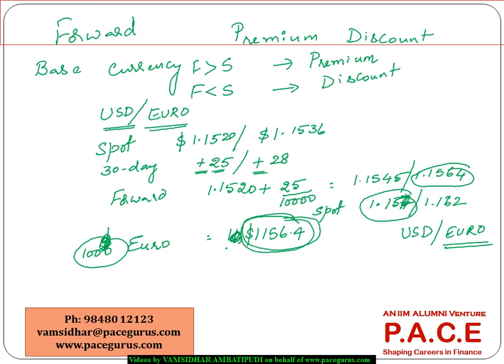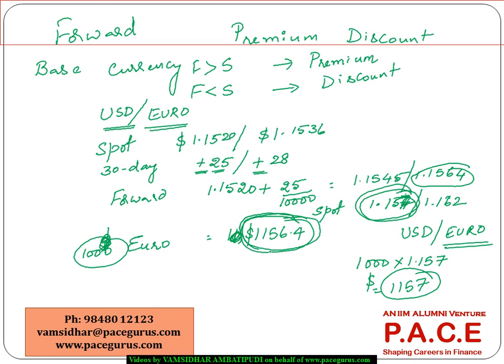So now I want to sell off the euros and buy dollar. Sell off euros, the dealer has to buy euro. He will buy at this particular price. So immediately with 1000 euros, 1157. So I am getting $1157 because of this transaction.